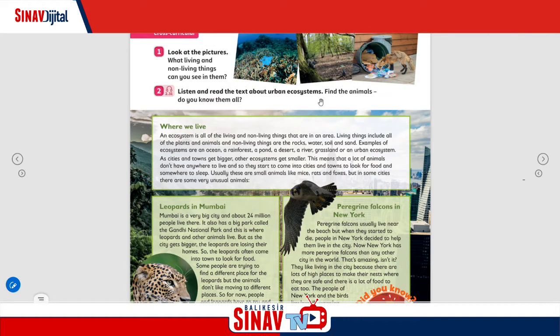What is an ecosystem? An ecosystem is all of the living and non-living things that are in an area. Urban means city, related to city life. So, find the animals. Do you know them all? You see some animals.